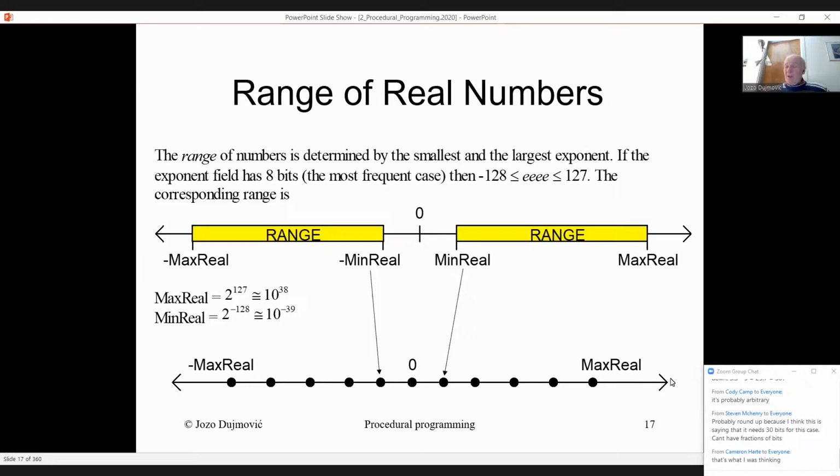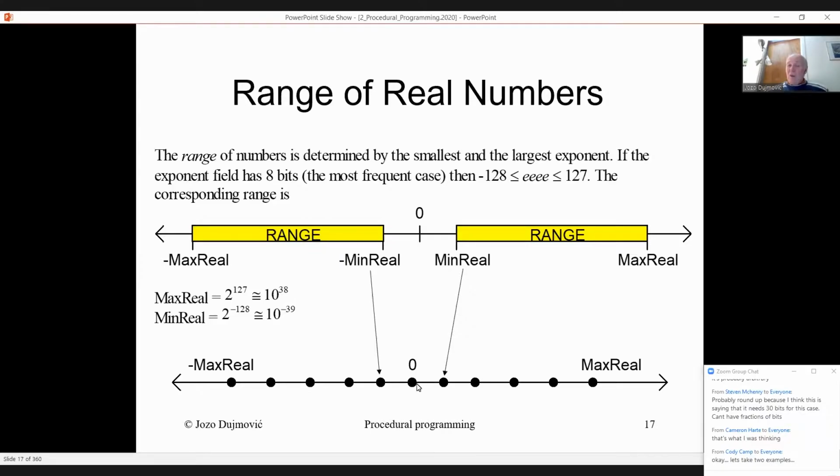If you take the real axis in mathematics, you have 0 somewhere in the middle, and then you have infinitely dense real numbers next to each other distributed on this real axis. So you have an infinite number of them. Of course, unfortunately, in computer systems these are points that have huge gaps between them.